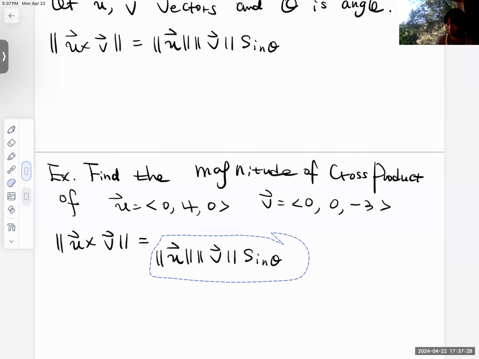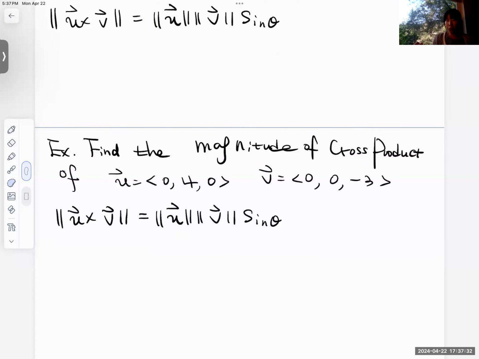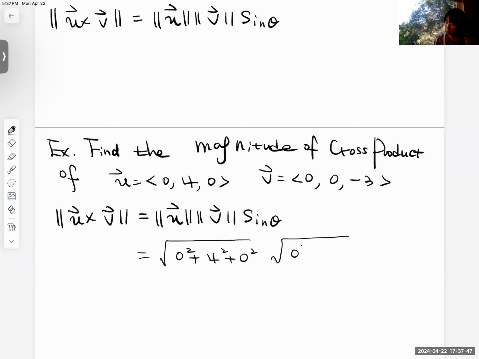Copy. Okay, now we know the magnitude of U is the square root of 0 squared plus 4 squared plus 0 squared. And then the magnitude of V is 0 squared plus 0 squared plus -3 squared, right?